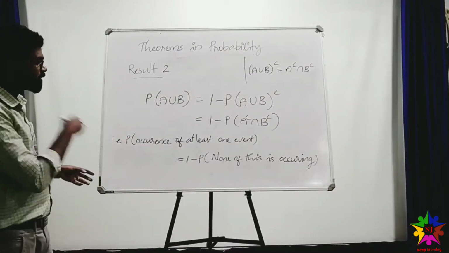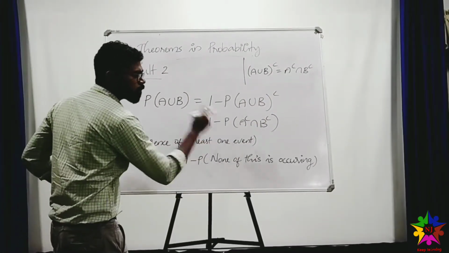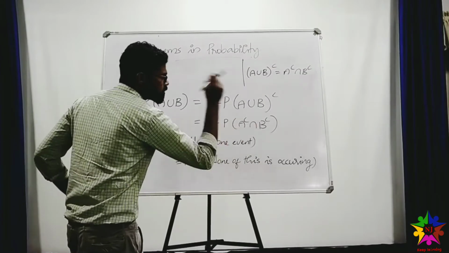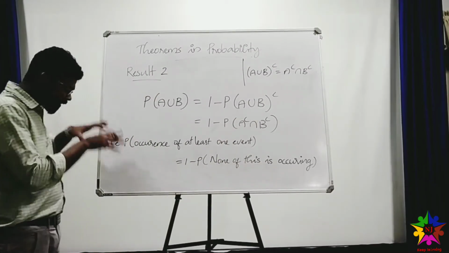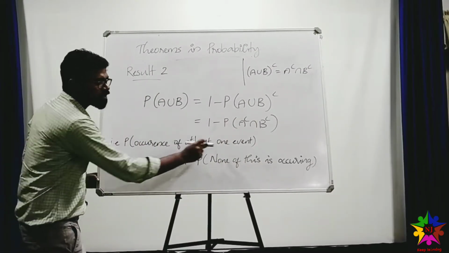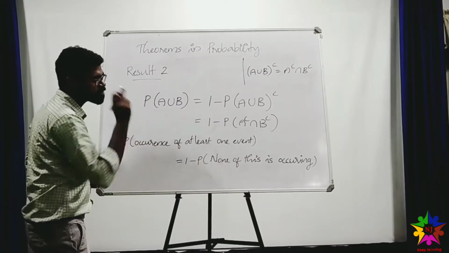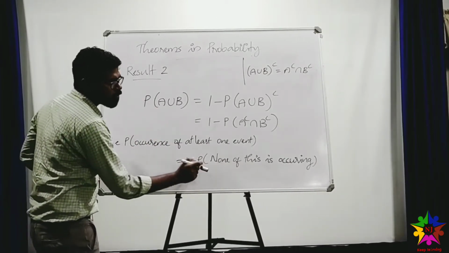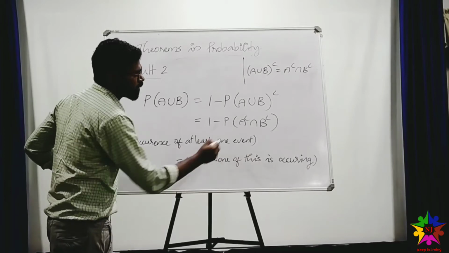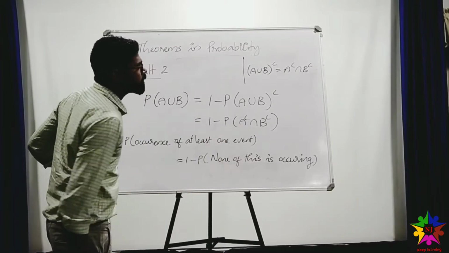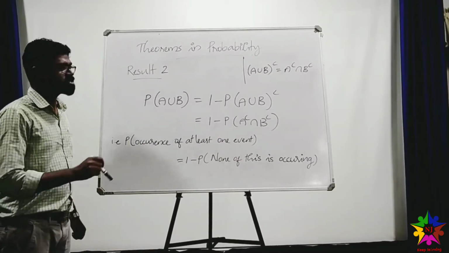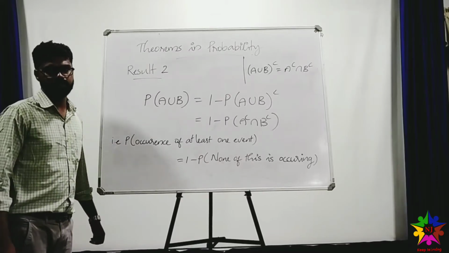Applying it here, that is 1 minus probability of A complement intersection B complement. It means that the probability of occurrence of at least one event, that is probability of A union B, is equal to 1 minus the probability of none of them occurring, that is probability of A complement intersection B complement. This is the second result.